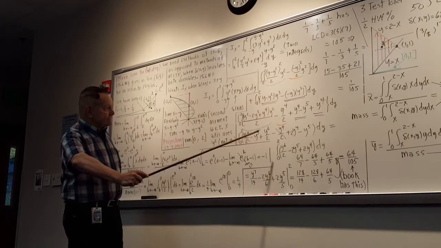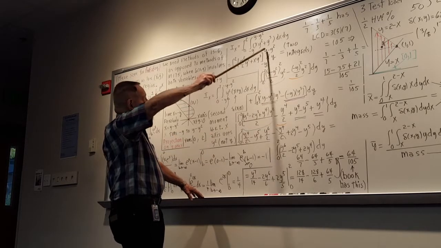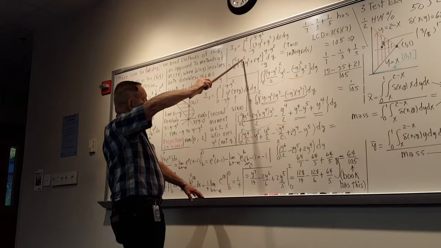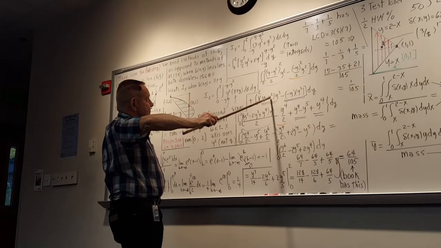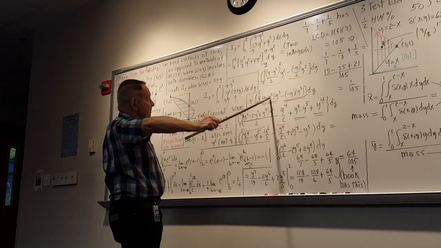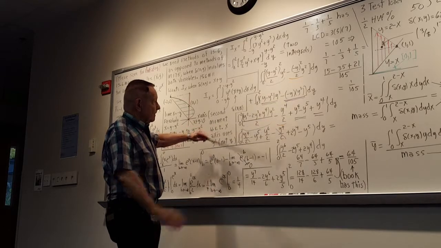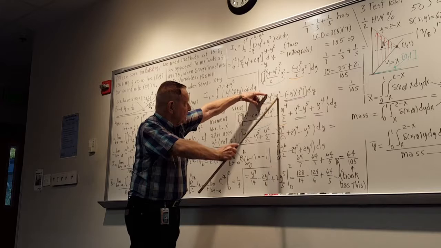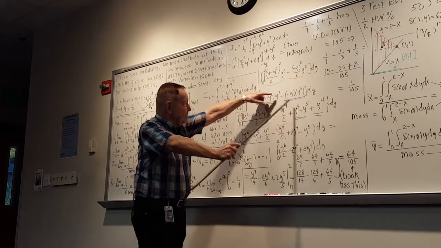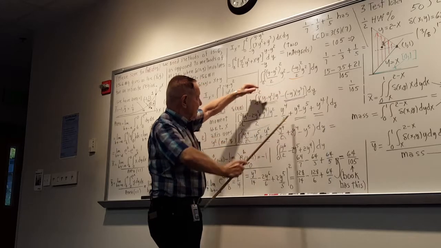Let's see. Okay, here I have the y minus y squared in there. So then this one, if you multiply these out, gets you here. This one, if you multiply those out, gets you there.